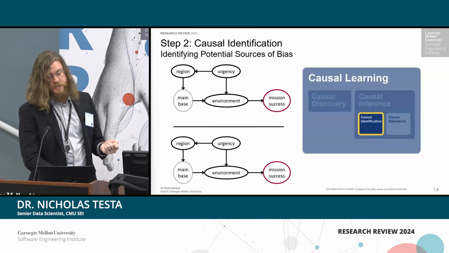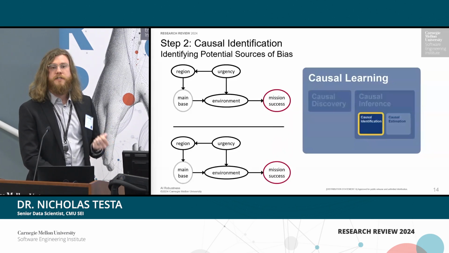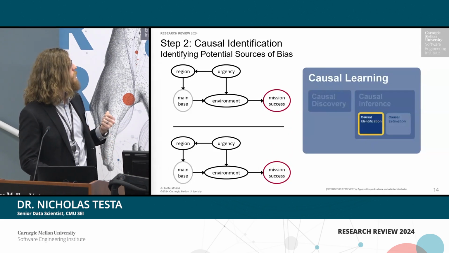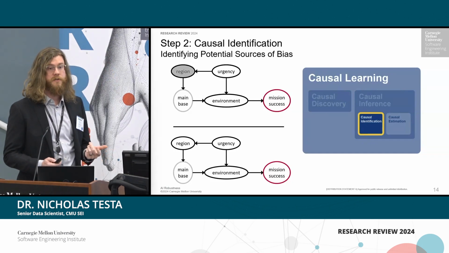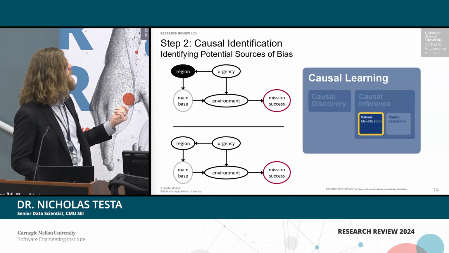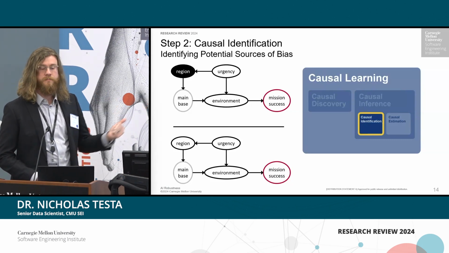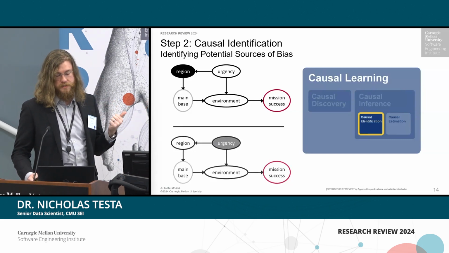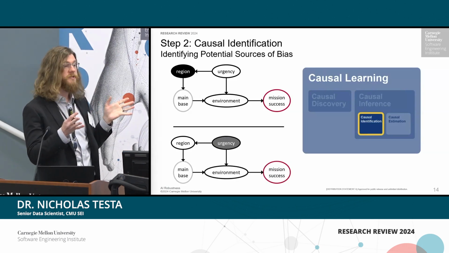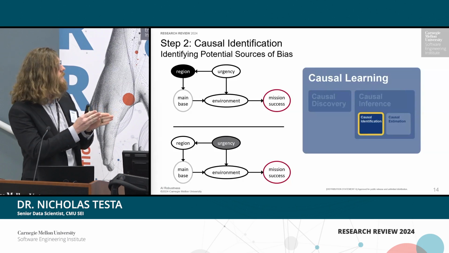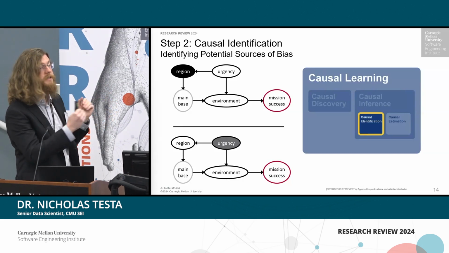Causal identification is this next step that allows us to tease these apart. So we break this off into two adjustment sets, is what we call them. This allows us to look at parents of the main base as one adjustment set, and parents of the environment as another. So the environment is kind of the intermediate in between main base and mission success, and that's what we're after.